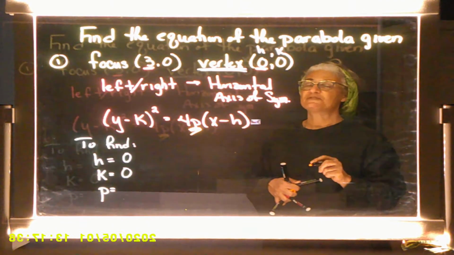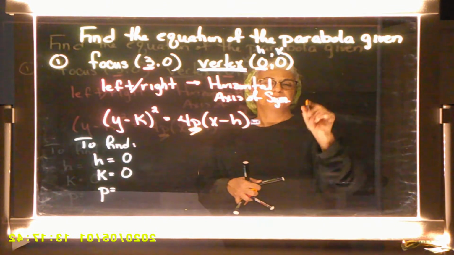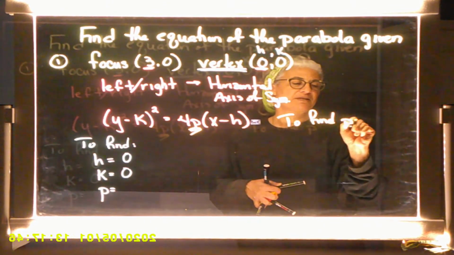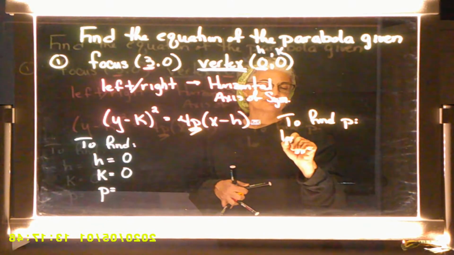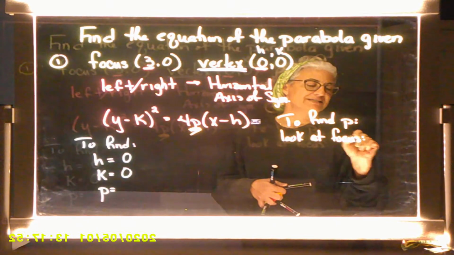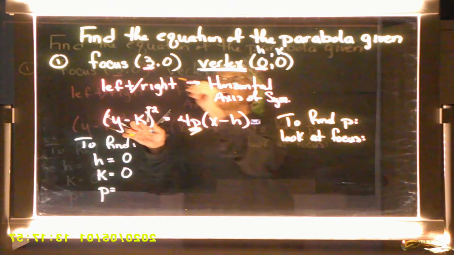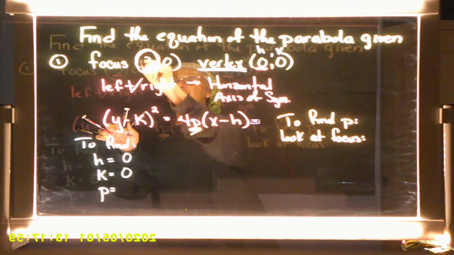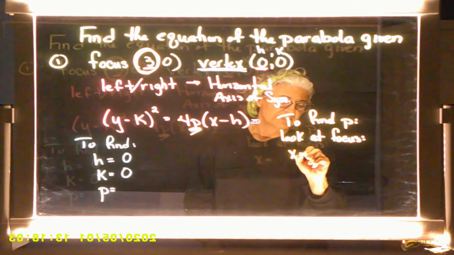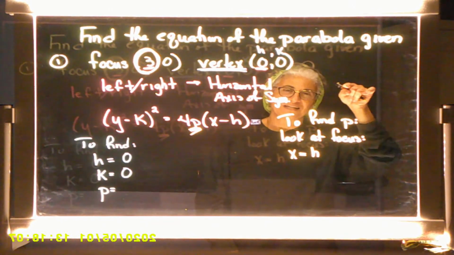The one piece of information I haven't looked at yet is the focus. So, to find p, I'm going to look at the focus. And since the x's were doing the changing, I'm only going to look at the x value of the focus. The x value of the focus is h plus p, and remember the focus is inside, isn't it?